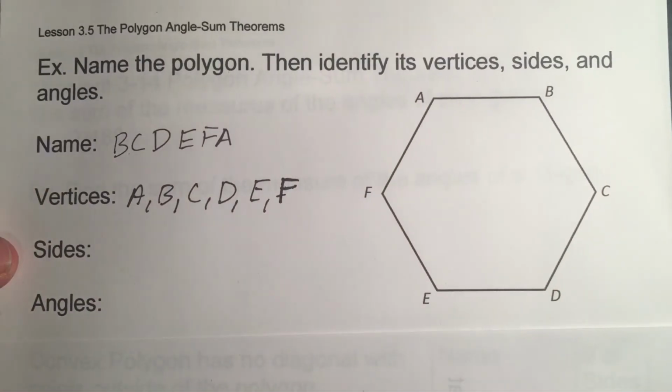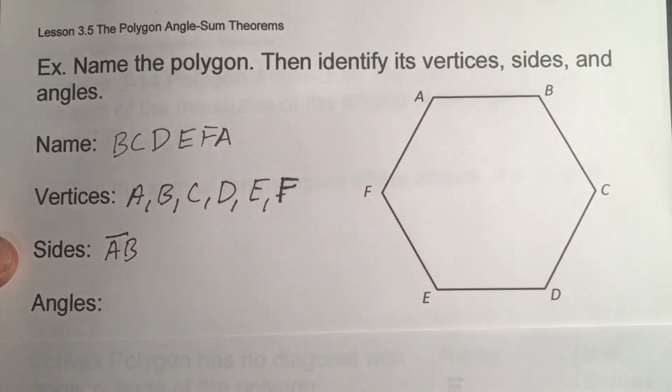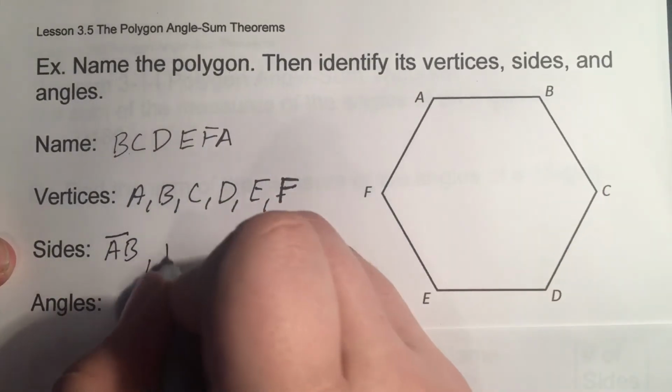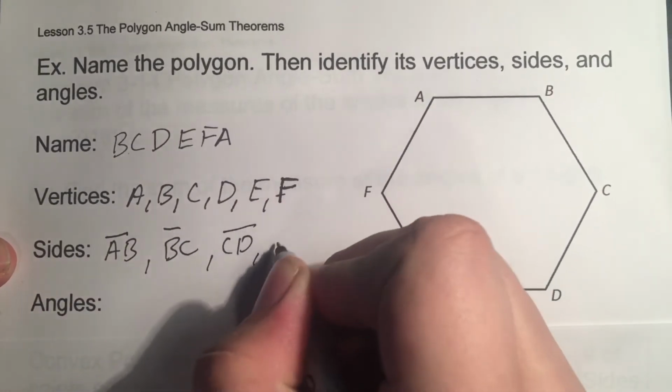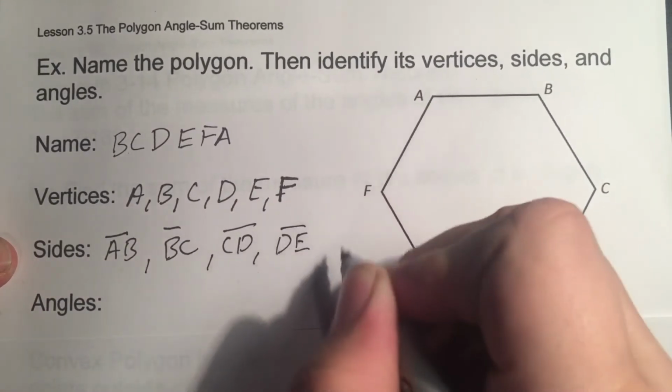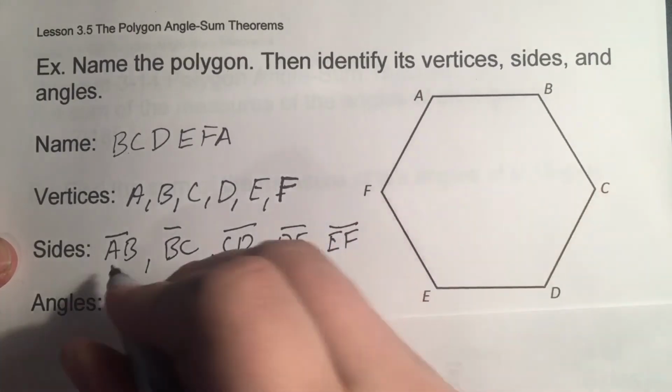Sides take 2 points because we're naming segments. So like AB, and we put our little dash on top. BC, CD, DE, EF. So we got 1, 2, 3, 4, 5.